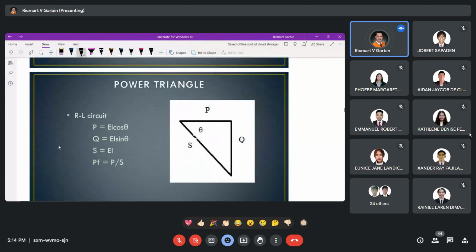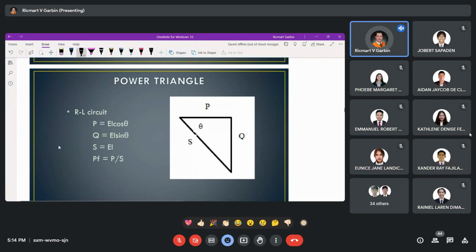Okay. So, kapag pinag-usapan natin yung mga circuit natin, kapag RL circuit, ang resistance, kapag iginrap natin sa ating coordinate system, ito po yung real power. Laging nasa x-axis ang ating real power.